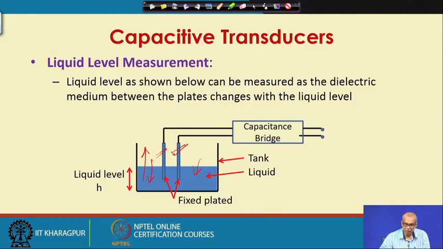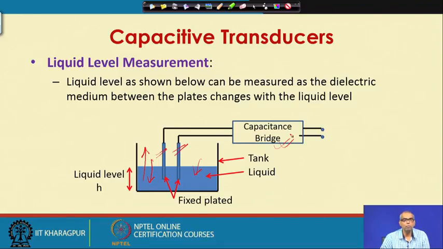So, the dielectric medium between two fixed plates will change with change in liquid level. That will cause a change in the capacitance. We have seen the capacitance depends on area of the plates, it depends on the distance between these two plates, and it also depends on the dielectric medium.